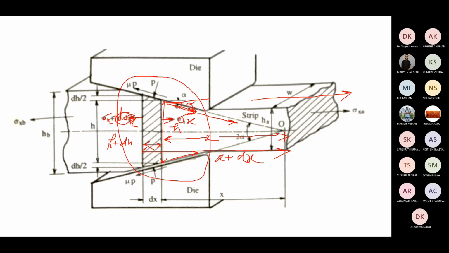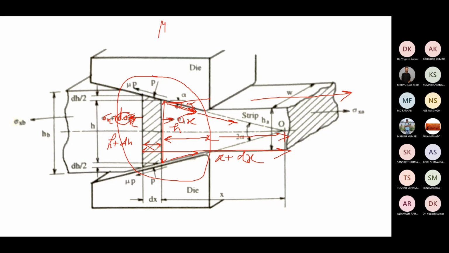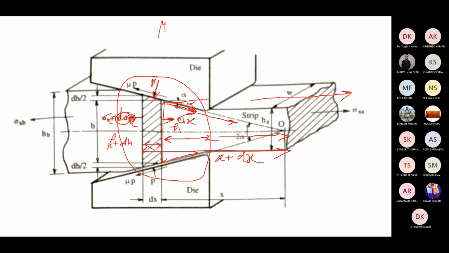Suppose you are having coefficient of friction mu, and the pressure acting on the metal strip due to the die is P. P will be acting perpendicular to your die surface. So this will be P, and the opposing force will be mu P.